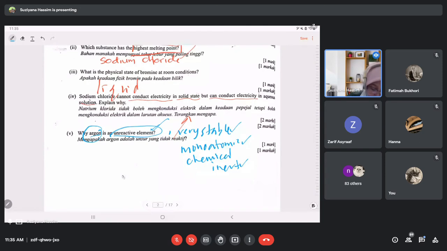The answer must write argon atom. If there is no argon, no atom, how?